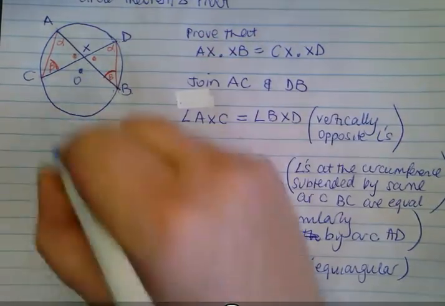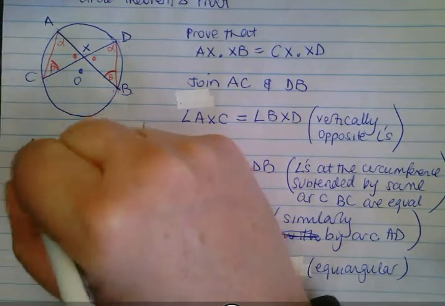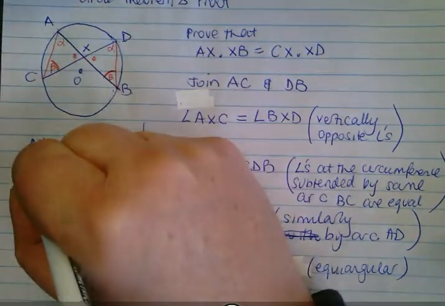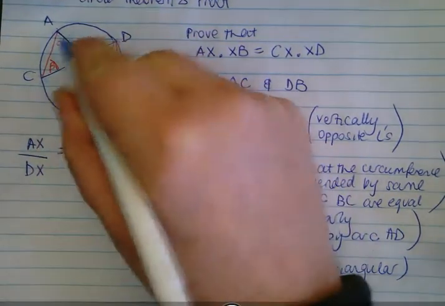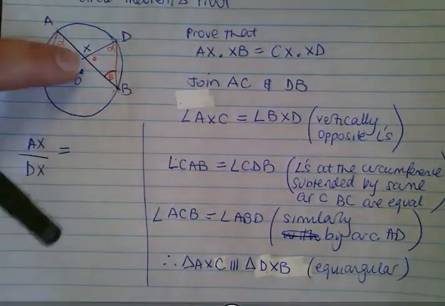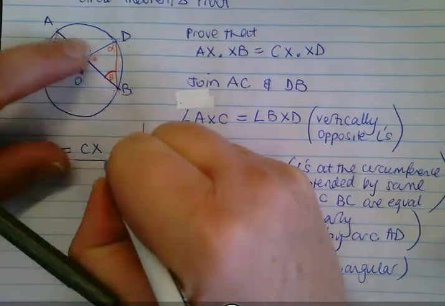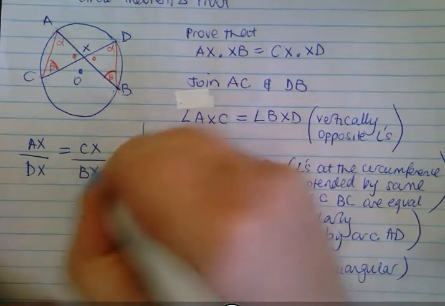Doesn't AX correspond with DX? So AX over DX equals CX over BX.